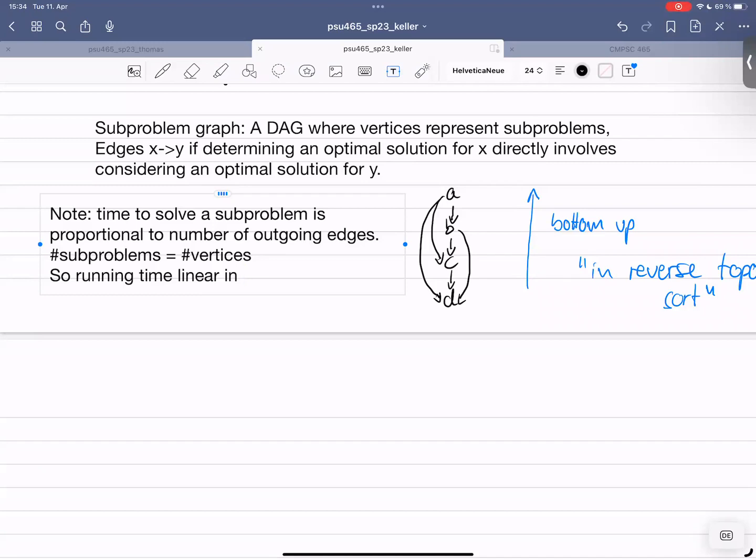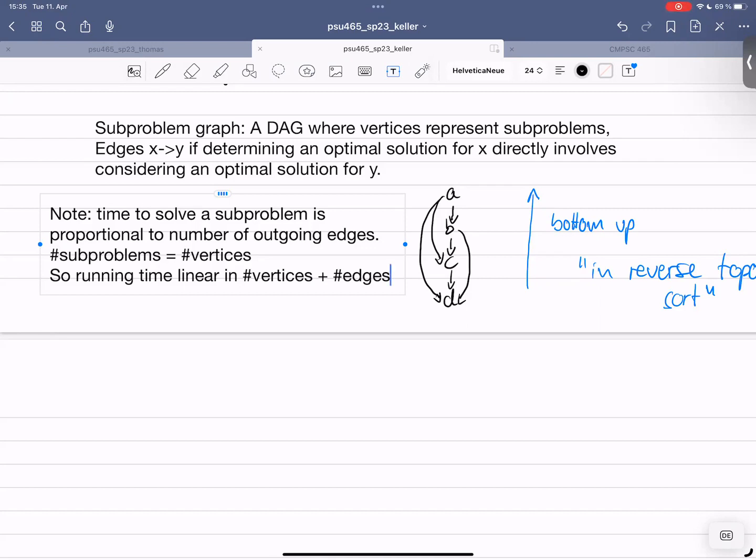In our example, previously, we had to add 1 to the maximum. This is sort of what you have to do, but the maximum you take basically depends on all outgoing edges. So it's the number of edges plus the number of nodes. So it's going to be linear in number of vertices plus number of edges in this graph.